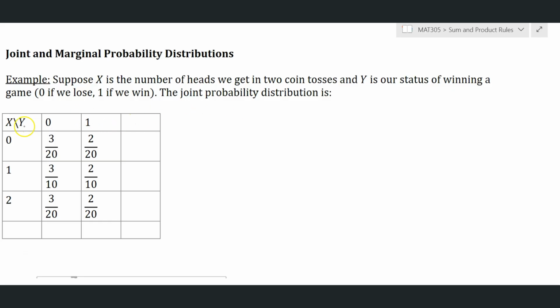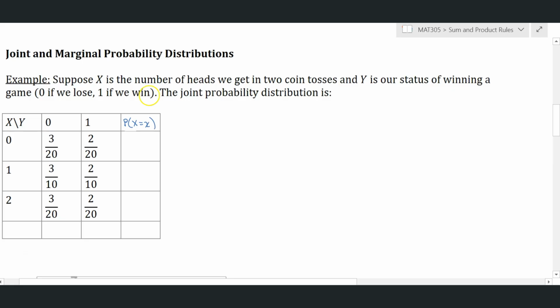But here I have the probability of X being a value and Y being another value. Maybe what I just want to know is the probability that X takes on a certain value regardless of what Y does. So I want to build the probability that X is equal to some particular value without worrying about the value of Y.